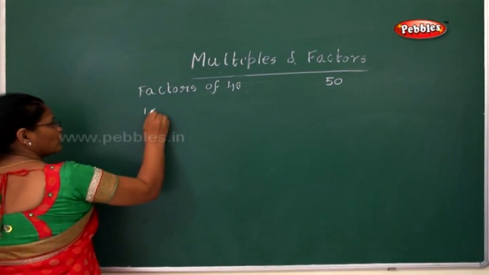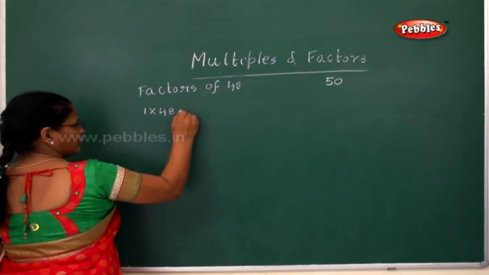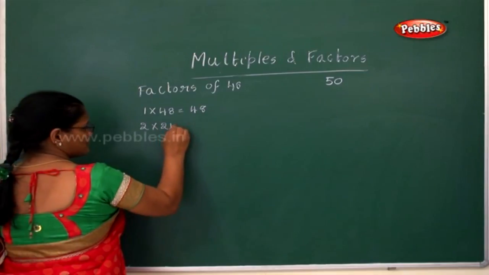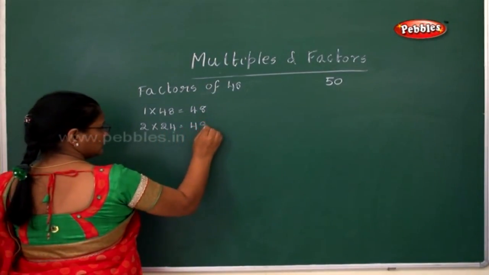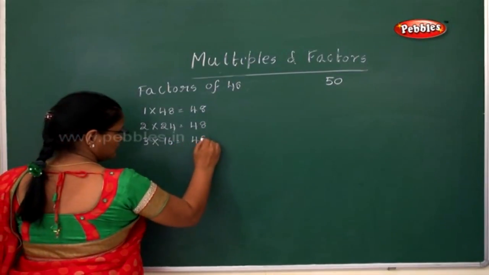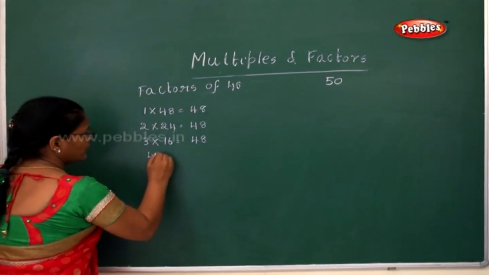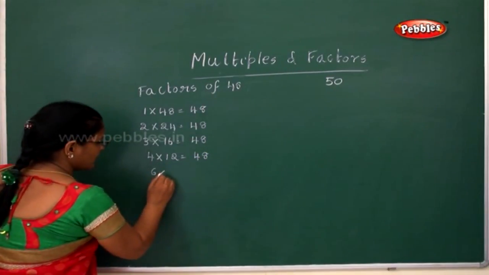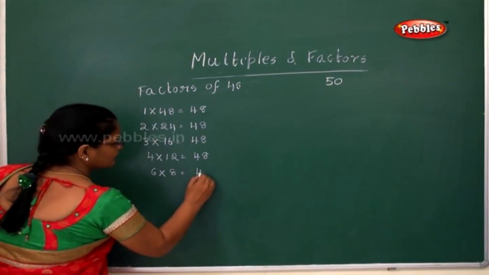Now for 48: 1 forty-eights are 48. 2 into 24 is 48. 3 into 16 is 48. 4 into 12 is 48. 6 eights are 48.